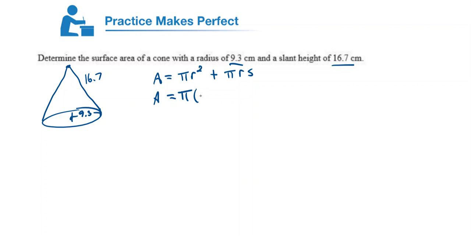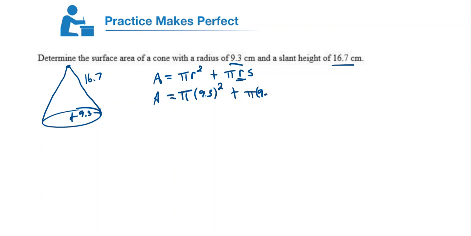I put it in brackets. Doesn't need to be, but I like to put it in brackets, so 9.3 squared, don't forget to square it, plus pi times 9.3. R is still 9.3, not squared this time.